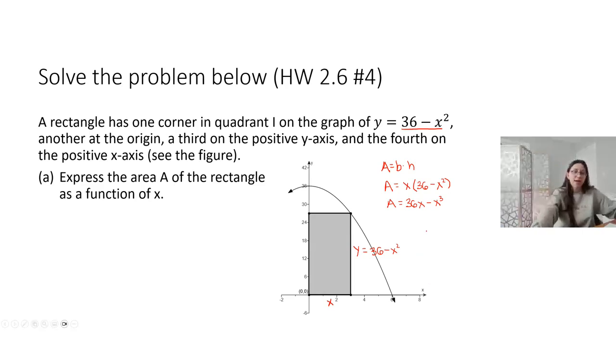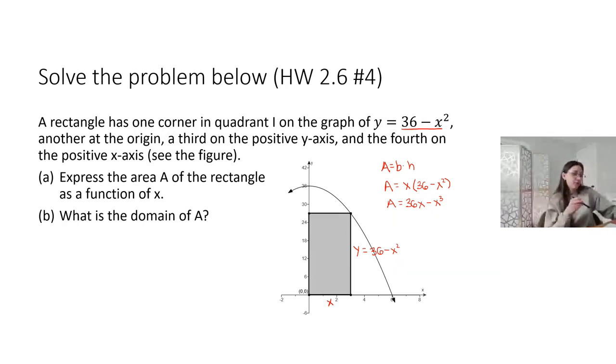So that's part A. Part B is finding the domain of this area function. And one way we can do this is by graphing, but when we graph, we have to really know what we're looking for because this function isn't just some equation, it's actually modeling something, right? It's modeling the area of this rectangle.